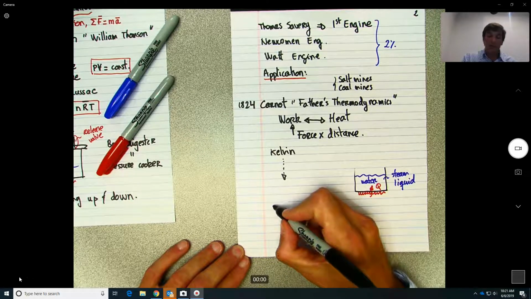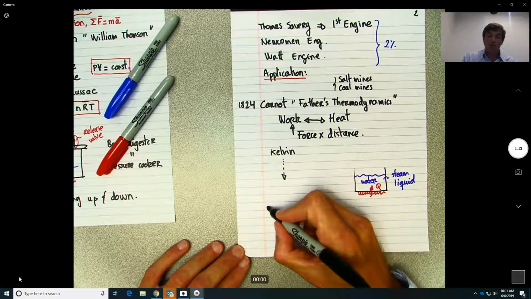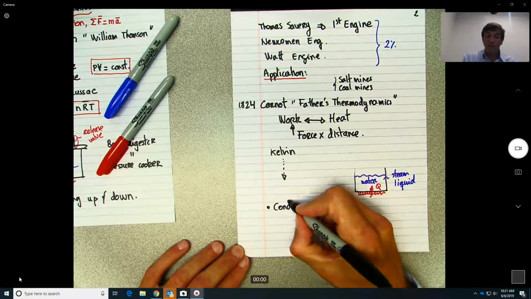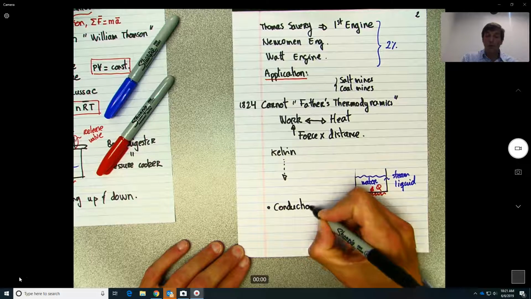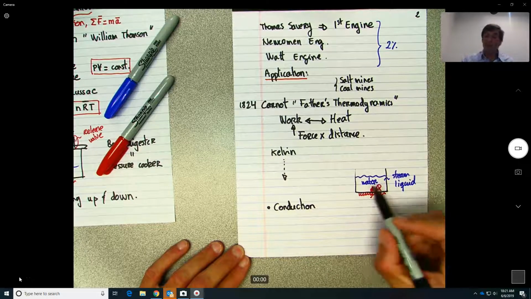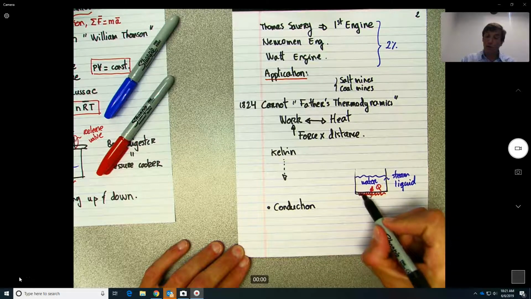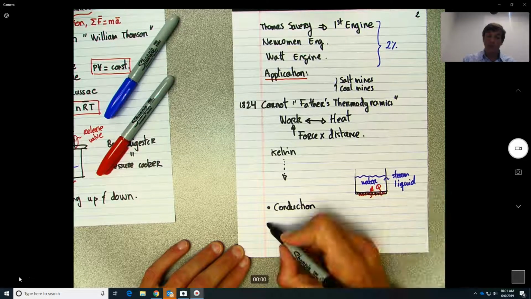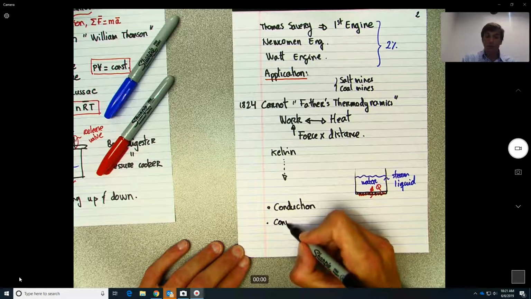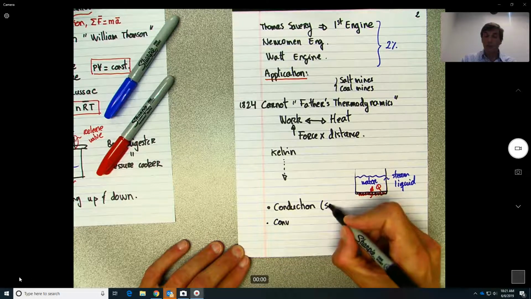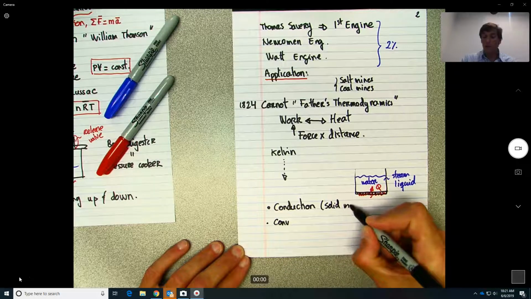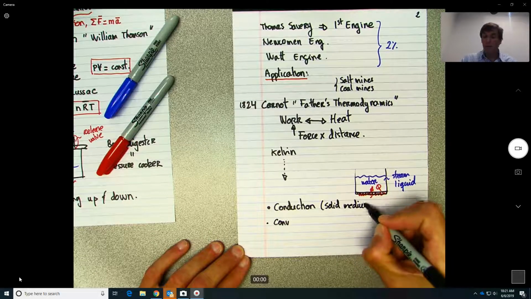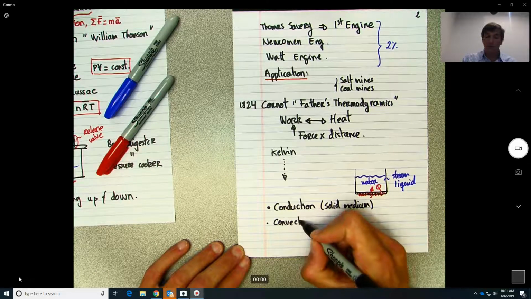And the three ways to transfer heat will be conduction, which this one is a good example. So basically the heat is first going through the solid medium of the pot. Okay, so that would be conduction related to a solid medium. Then we could have convection.